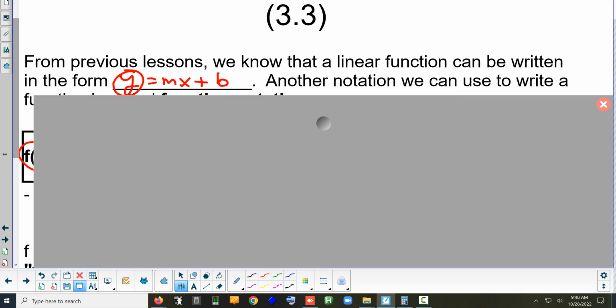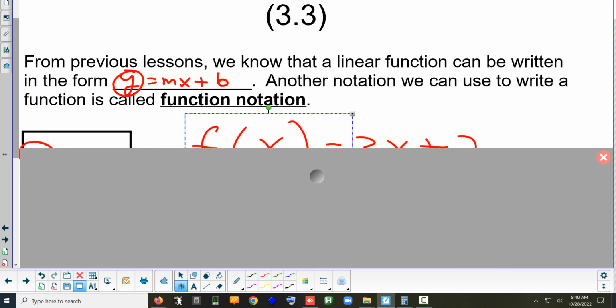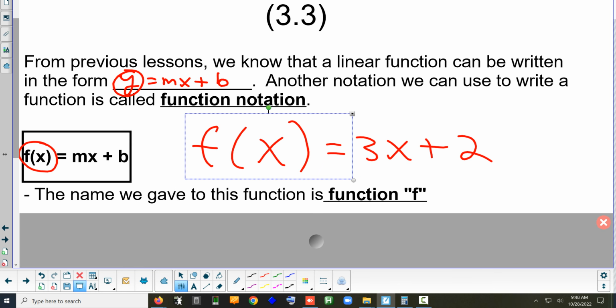When you write it y equals, you don't know what the variable is going to be. I mean, it's usually x, but it doesn't have to be an x. Maybe if we were doing a problem about the number of nights at a campground, like we did a couple days ago, maybe we would use the letter n. So we can use other letters besides just x.